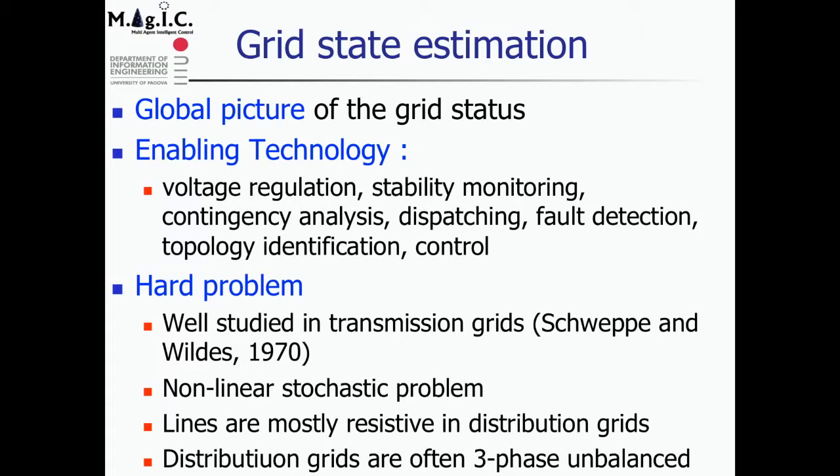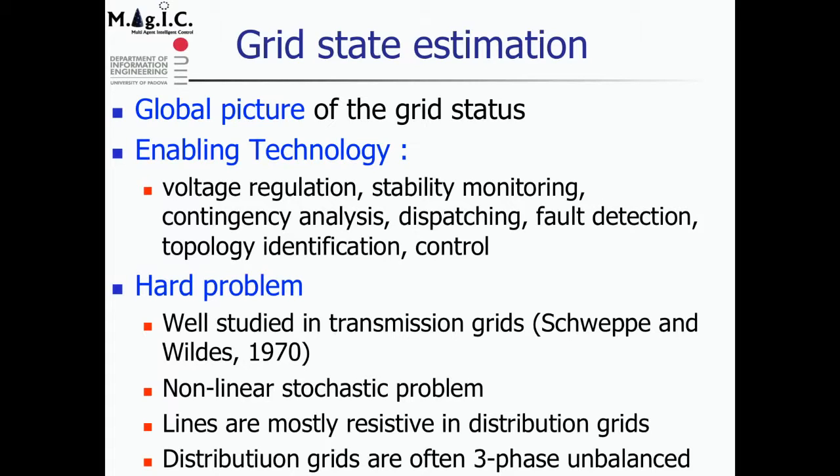So summarizing, grid state estimation gives you a global picture of the grid. This is not an application per se, but an enabling technology, because then you can use it for voltage regulation, stability monitoring, contingency analysis, detection, topology identification, and not least, control. However, this is a hard problem that has been well studied in transmission grids since the 70s by Schweppe and Wildes.